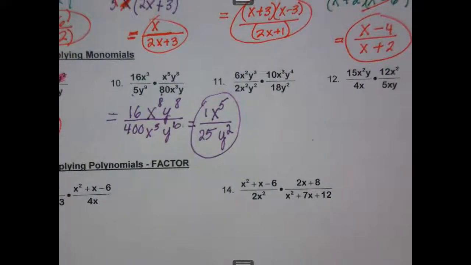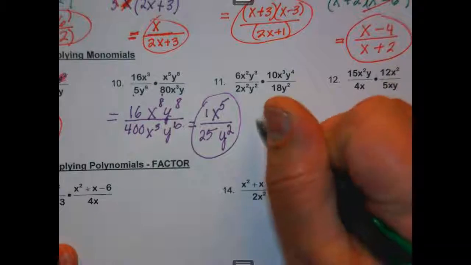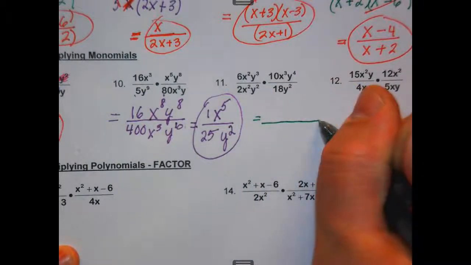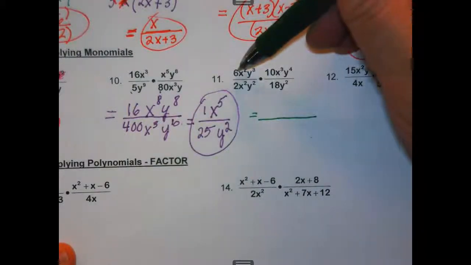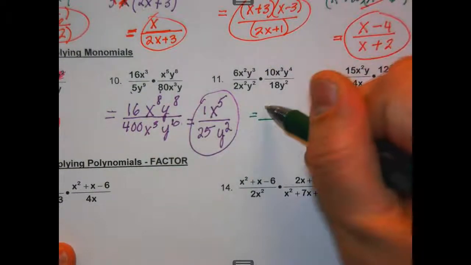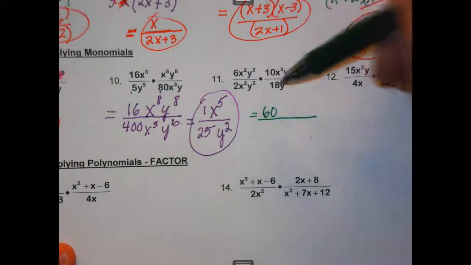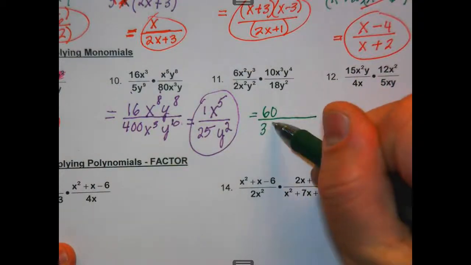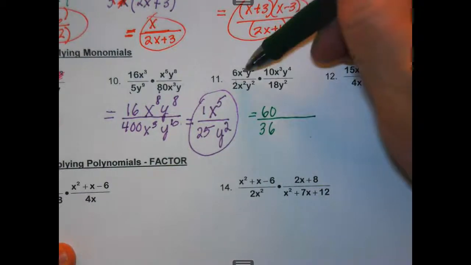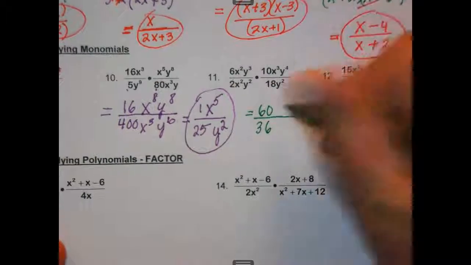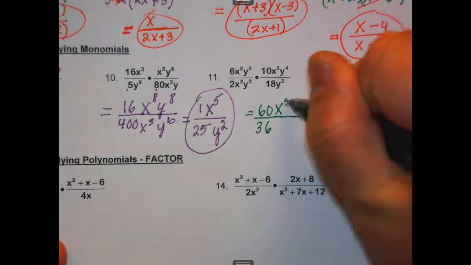Yes. Number 11. Okay, 6 times 10, 60. 2 times 18, 36. X squared times x to the third, x to the fifth.